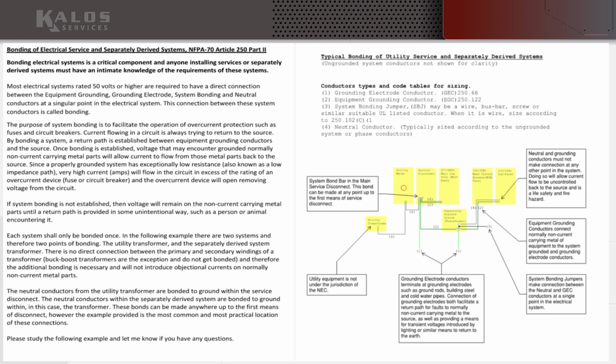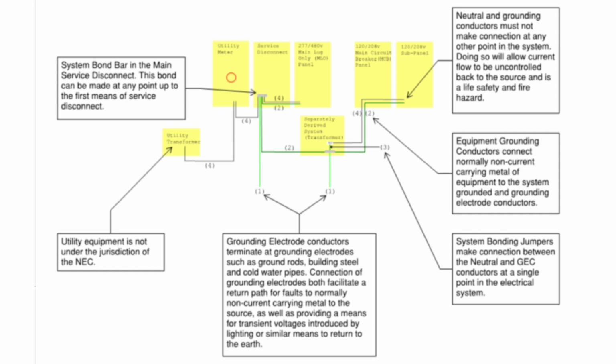This is a slide I put together many, many years ago, just to illustrate some grounding and bonding scenarios. It's probably too hard to see, so I'm going to go over this quickly, but I shared this material with you this morning so you could take a closer look. This basically shows a distribution system where we have a utility transformer with conductors that do not bring in an equipment grounding conductor or grounding electrode conductor from the utility transformer to our meter.